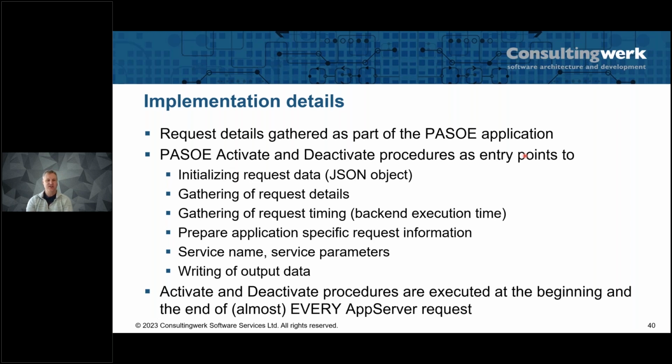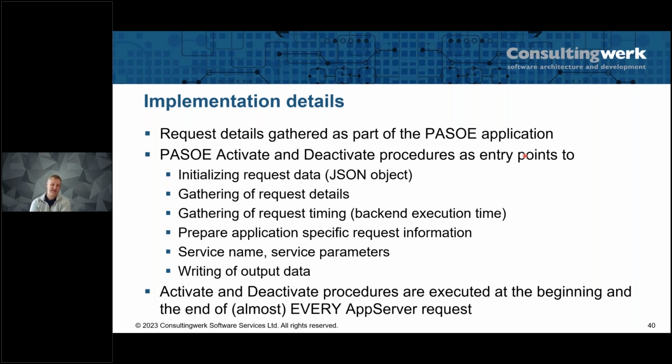So the first place is the entry point and the exit point of all requests, almost all requests in an app server, particularly in PAS, less so in Classic: the activate and deactivate event procedures. And they give us a fair bit of information, right? In the activate procedure, we can get information like what the .p was that was run, what the procedure was, who the user is, or who Spring thinks the user is, more accurately.